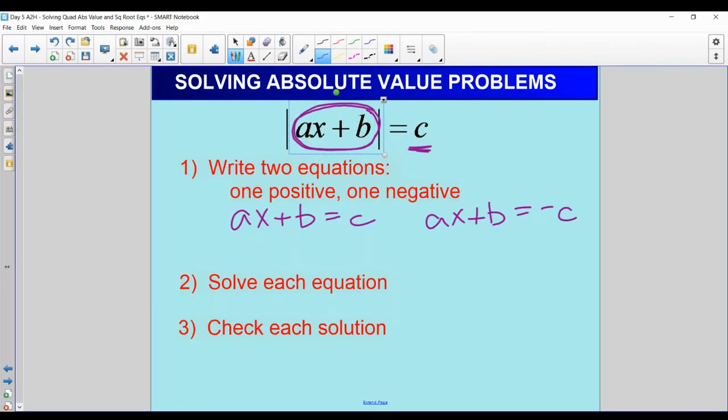I'm going to solve both of those equations, and it's important to always double check when we're solving problems because we should be able to tell if we have the correct answer. And the important thing with absolute values is that in solving it, I can get some answers that are not true.